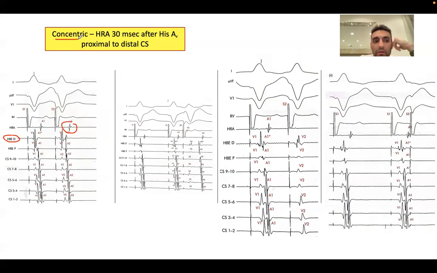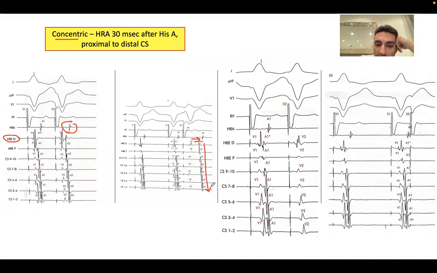You have heard of the term concentric. Some people use concentric, some people use normal, whatever. In this patient, with the subsequent S2s, eventually you will see gradual prolongation in your V to A interval and your stim to A interval, but atrial activation remains the same.